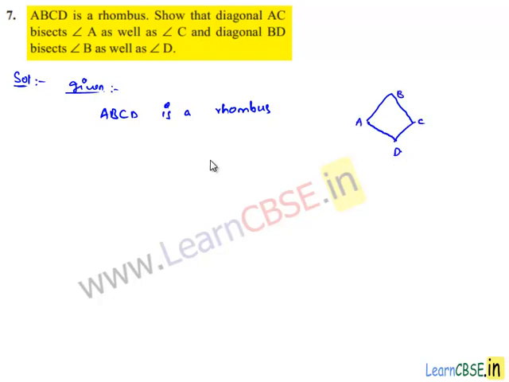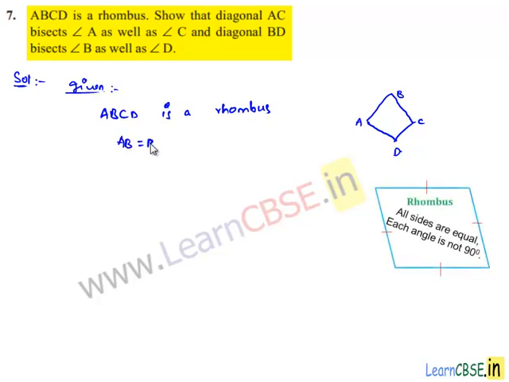We know the properties of a rhombus: all the sides are equal, that is AB is equal to BC is equal to CD is equal to DA, and diagonals bisect each other perpendicularly. So here the diagonals are AC, which is perpendicular to BD.